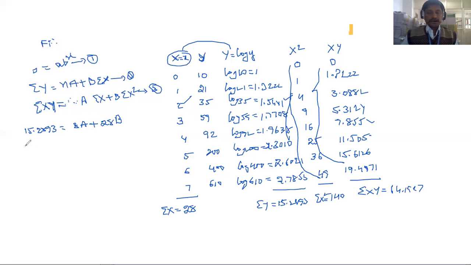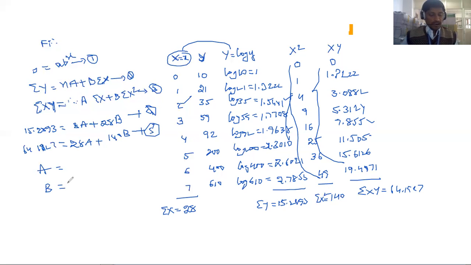Next summation XY is 64.1927, which equals 28a plus b summation X square, and X square sum is 140, so 140b. Let this be equation 4 and this be equation 5. By solving these equations we have to get the values of capital A and capital B.